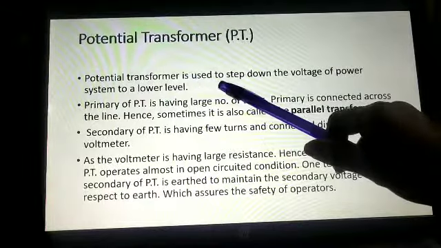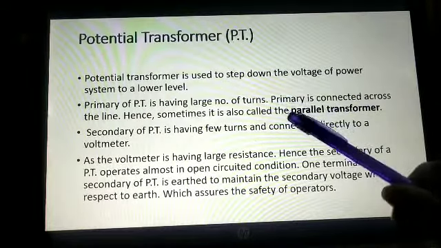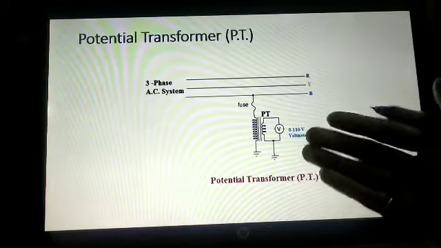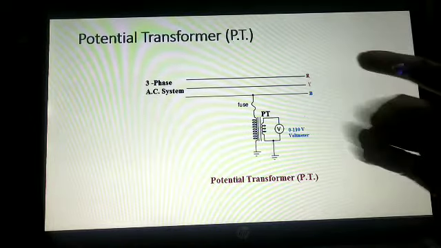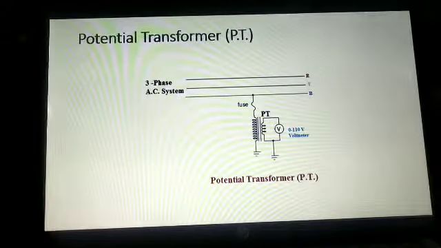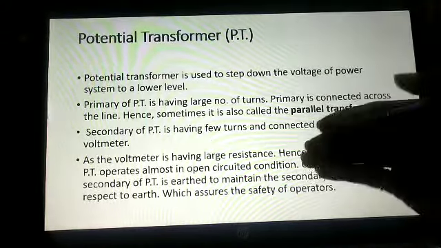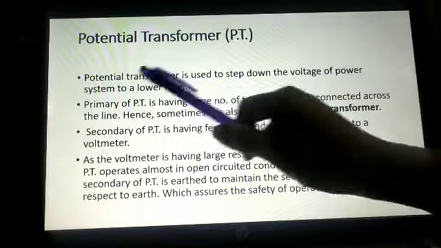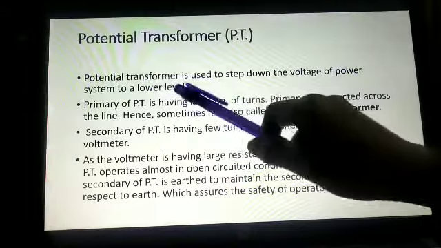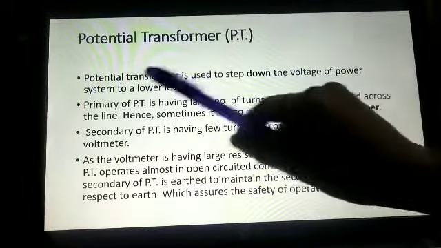Potential transformer is used to step down the voltage of power system to lower level. So why do we use potential transformer? To measure the voltage, right? So what is the main function of this potential transformer? It will step down, that means it will lower the value of voltage, right? So potential transformer is used to step down the voltage of power system to lower value level.